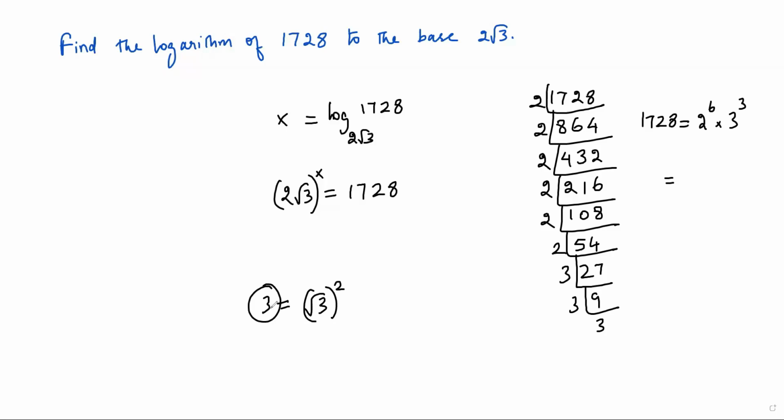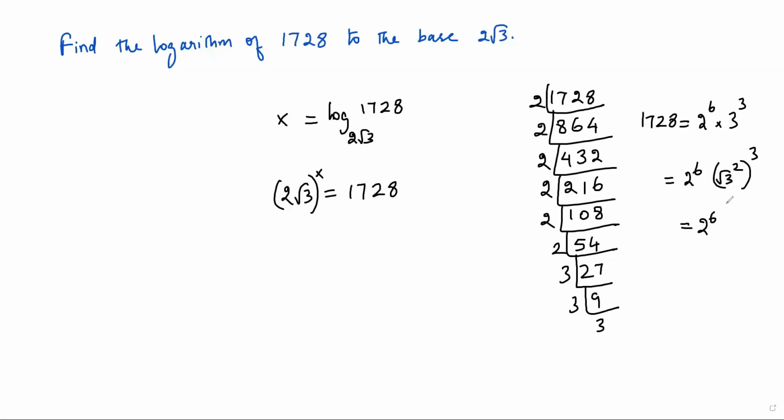Actually we have 3, we don't have square root for this 3. I need square root. No problem, you can take square root. To balance the taking of square root, you have to take square. So when I simplify this one, it is equal to 3. So instead of 3, I can write square root of 3, the whole square. So here, 2 to the power of 6, square root of 3 square, whole to the power of 3.